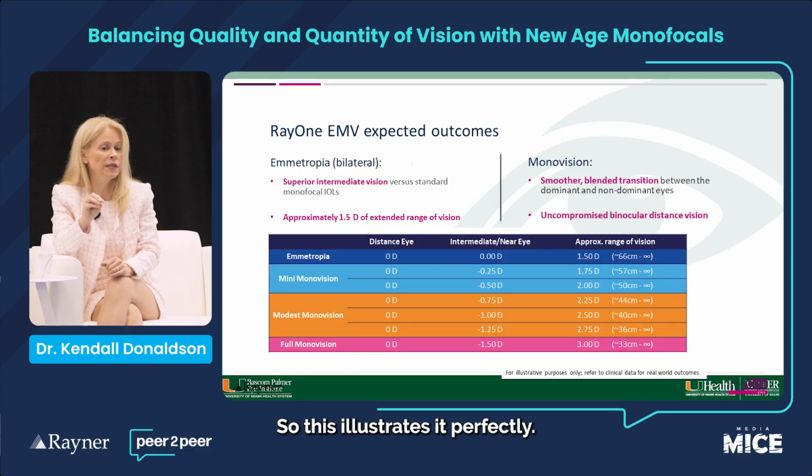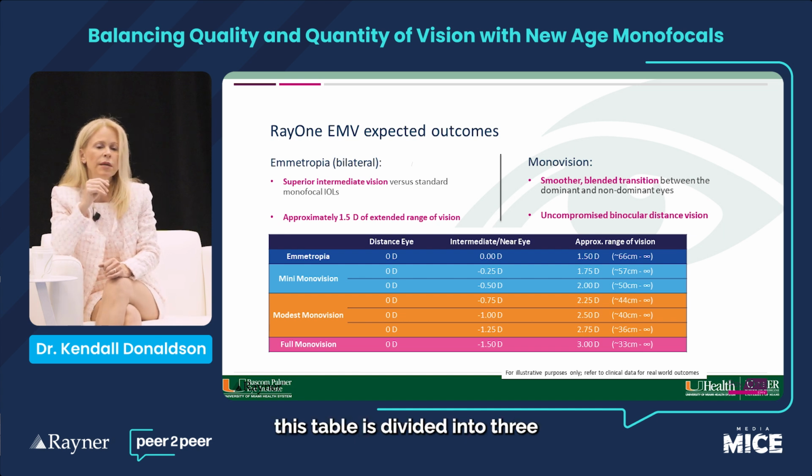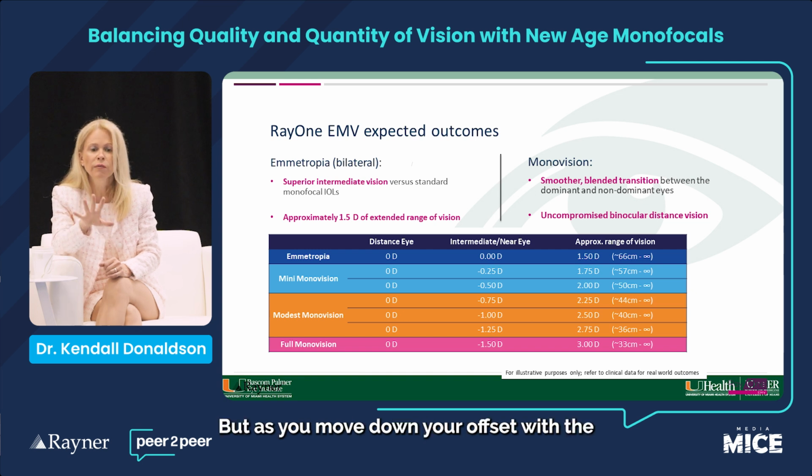So this illustrates it perfectly. You can see this table is divided into essentially three columns here. You're targeting emmetropia, and you're even getting a little extra 1.5 diopters there. But as you move down, you're offsetting the non-dominant eye from 0 at the top down to 0.25, 0.5, and all the way down to 1.5.